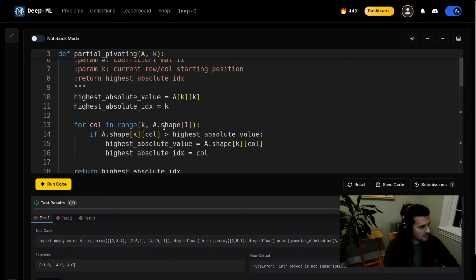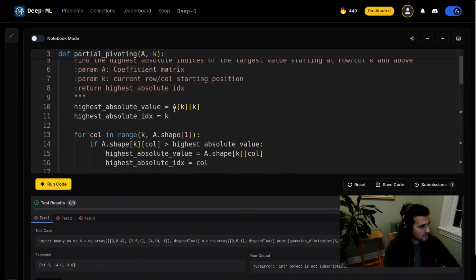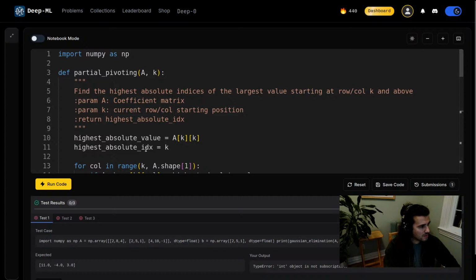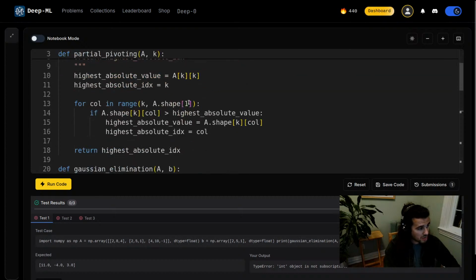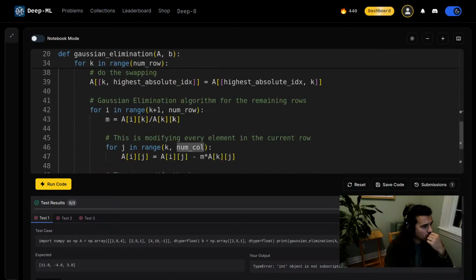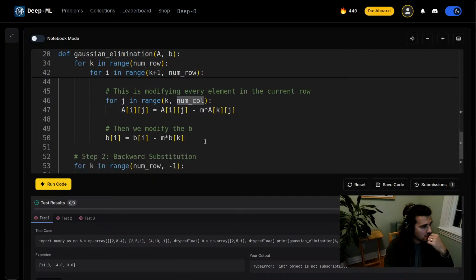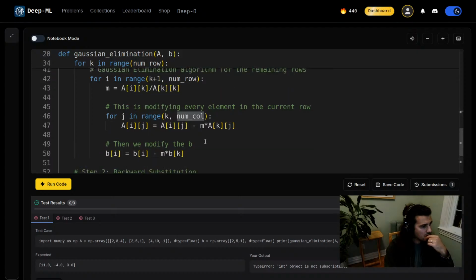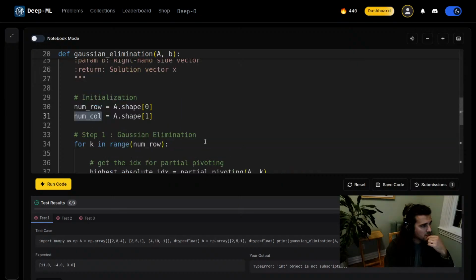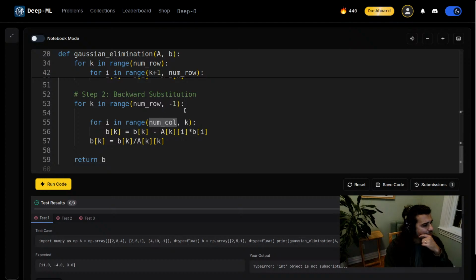I get that shape, a k, a k k. This seems fine. For i in range a k plus 1, that seems to be good. What is the B? No, the B is good. Maybe it's here.